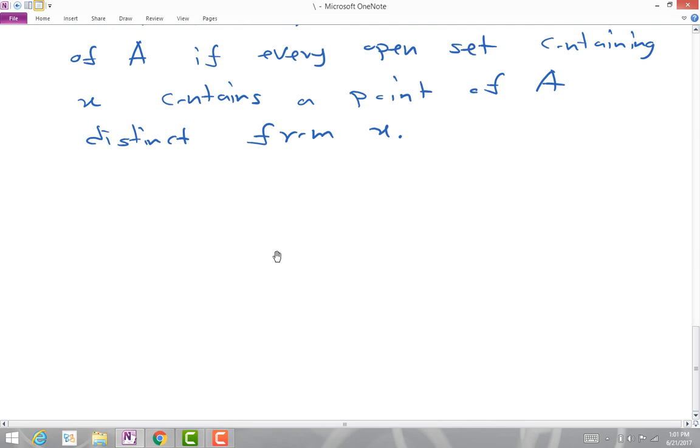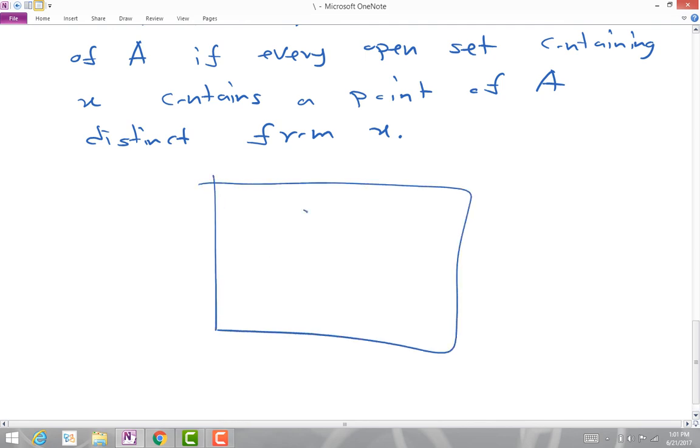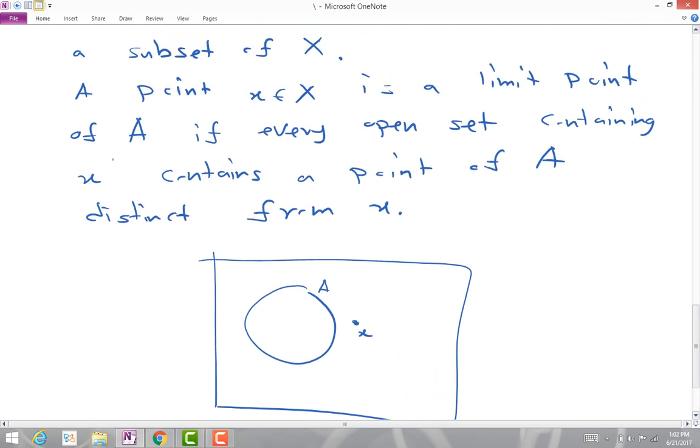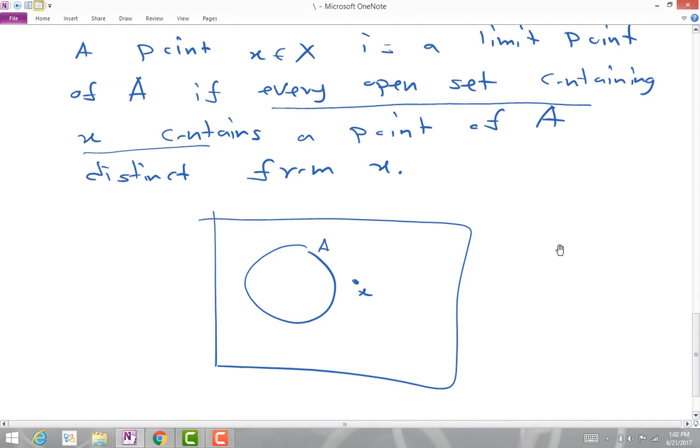So if I draw a picture, you have this set A and say X is here, and the definition says a point X is a limit point of A if every open set containing X. You need to be a little bit careful because of the word every.